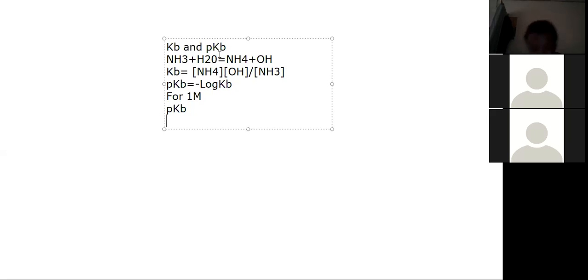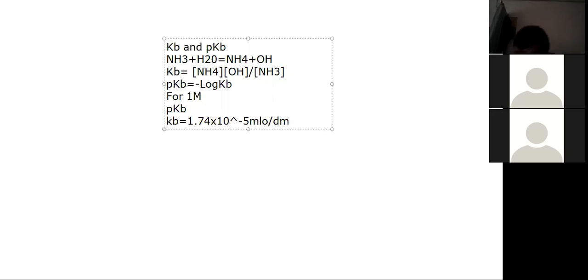We are given Kb equal to 1.74 times 10 raised to the power -5 mole per dm cube. So let me read the question again.